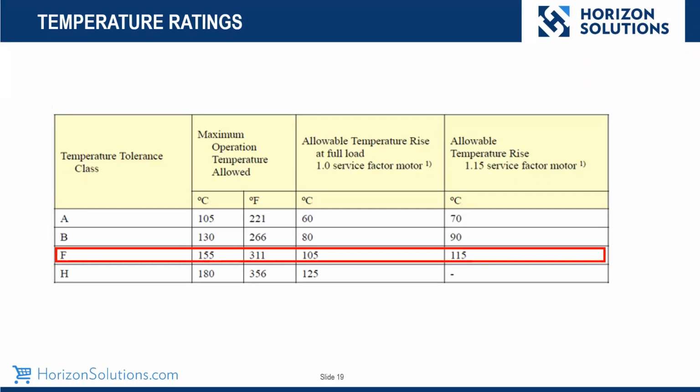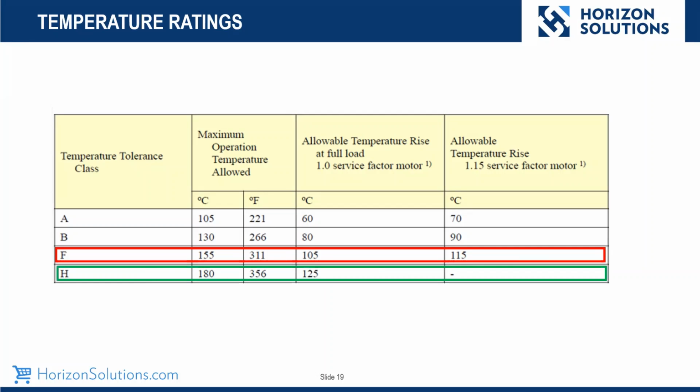Just because we have more temperature hotspots in the drive, especially on the end turns of the motor, which you'll see in another slide coming up. This helps to withstand not only the rough waveform, but also the high temperature that may occur.